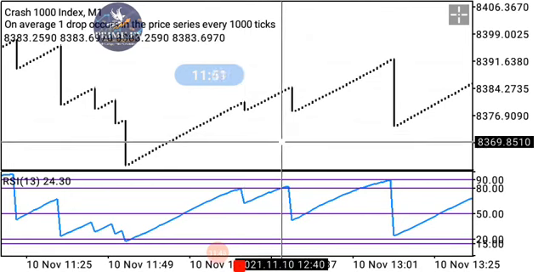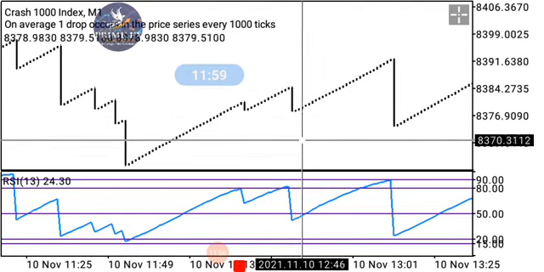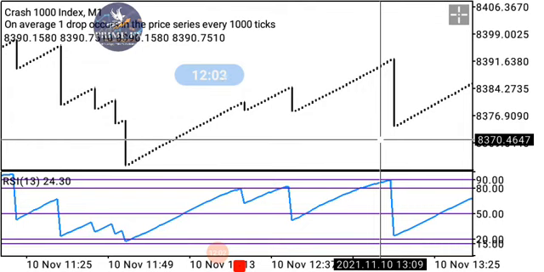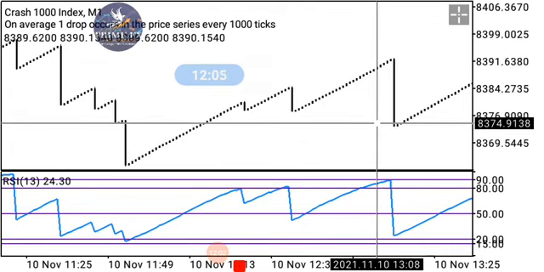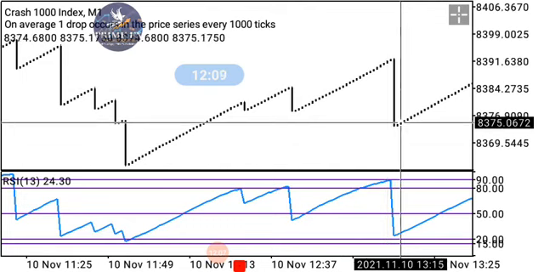You would have sold the market here, and then just a little drawdown before we caught our spike. The same thing here, you would have sold it, and then maybe here, so we would have got our spike, this huge spike.